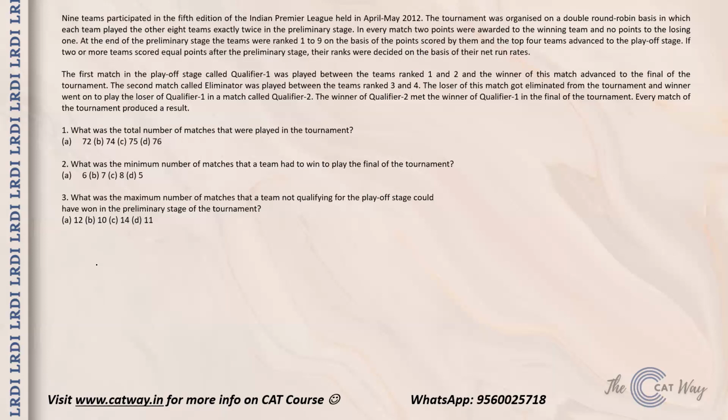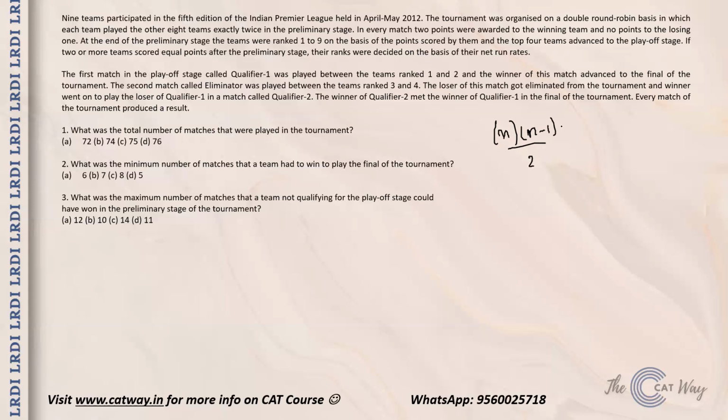What is the total number of matches played in the tournament? When it's a round robin tournament, the total number of matches is n into n minus 1 by 2 games. Sorry guys, n into n minus 1 by 2 games.